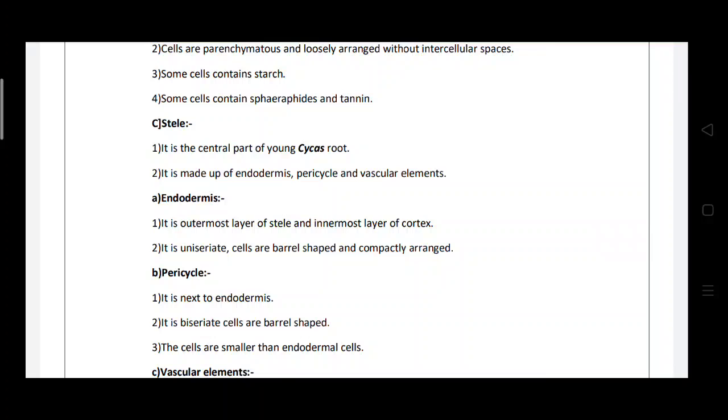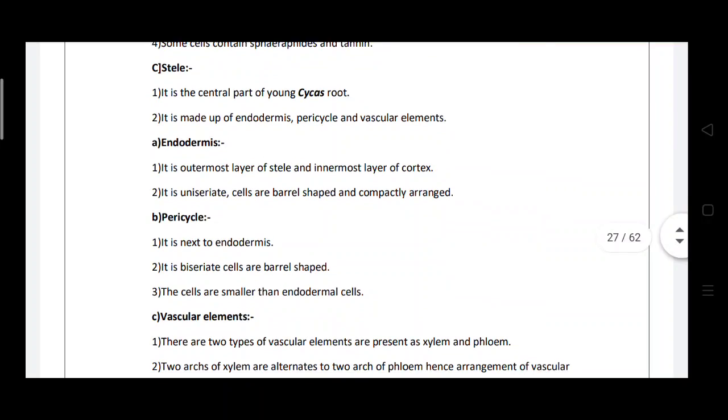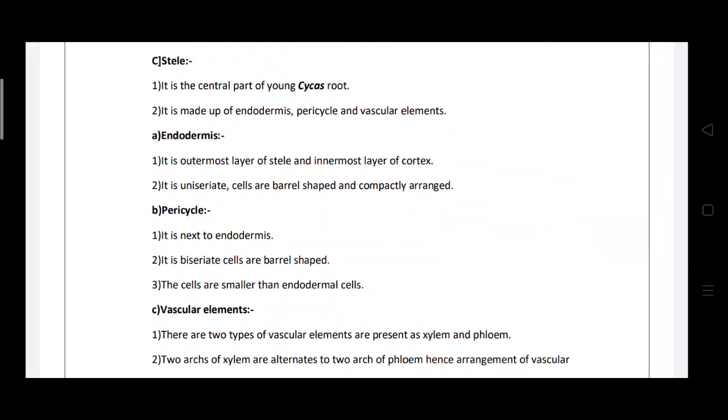Let's see the details of the stele. First, the endodermis. The endodermis is the outermost layer of the stele and the innermost layer of the cortex. It is uniseriate, a single layer, and the cells are barrel shaped and compactly arranged.